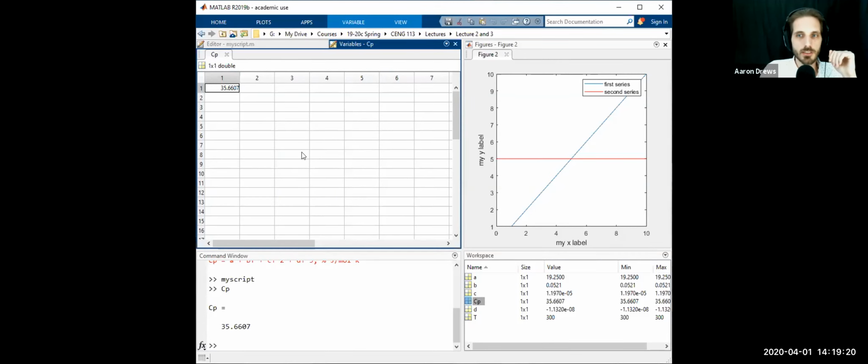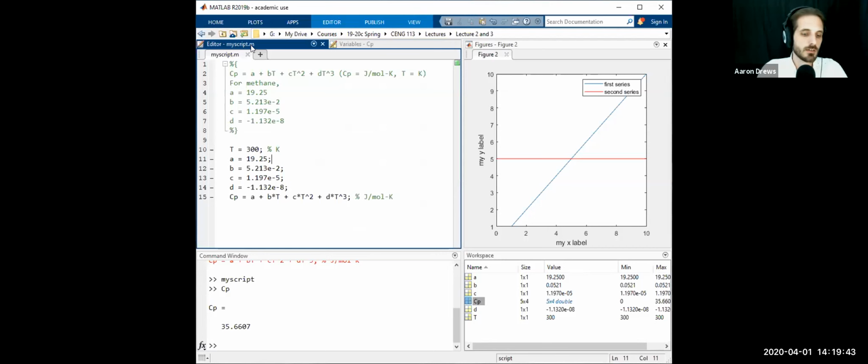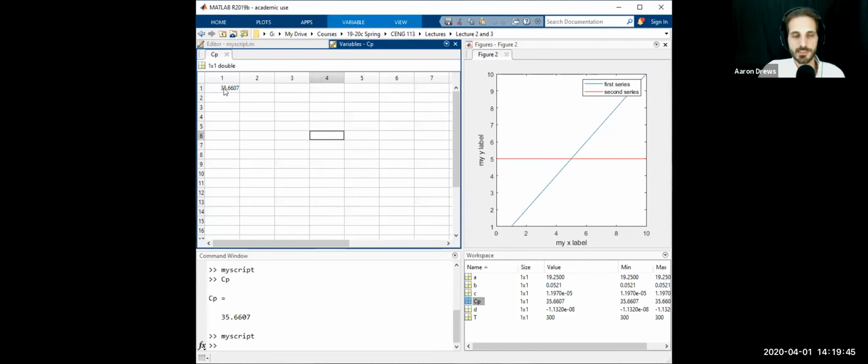If you double click on it, then you will be able to investigate the actual value of the heat capacity. You can actually enter numbers in over here. I don't know why you would do this, but you can just enter the number 16 and it'll suddenly turn this into a giant matrix. So it can be useful sometimes to look directly at the values. If I were to run this script again and look back over at my Cp, I can see that it's changed back to 35.6607.